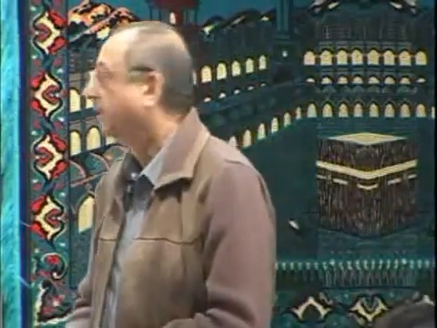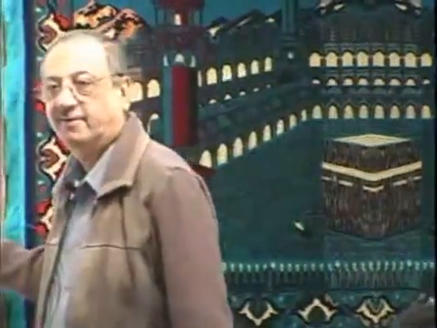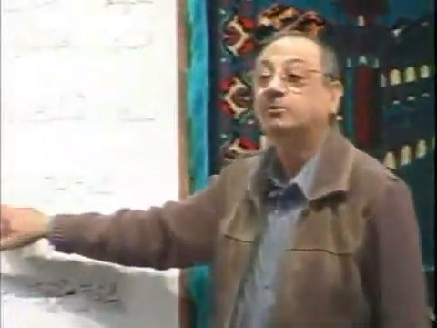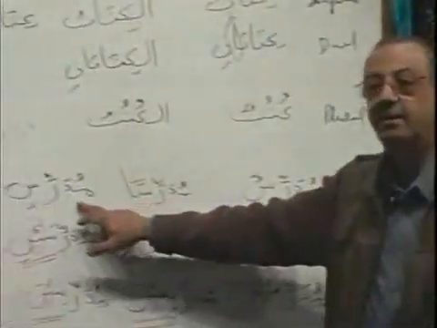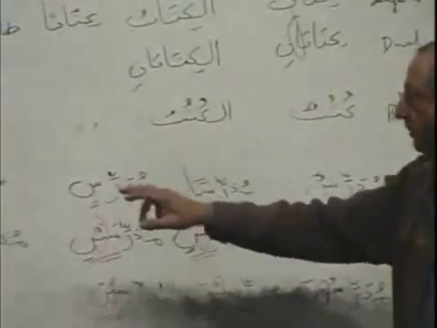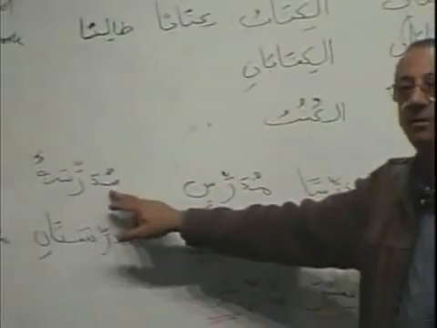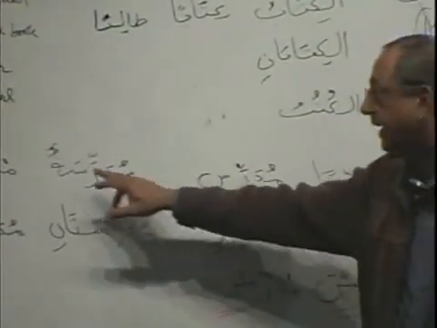Okay. Now, what is the next noun there, brother and sister? Muslimun. If you have Muslimun here, what will become here? Musliman. And here? Muslimin. Then Muslimatun, Muslimatan, and then Muslimatin. Now make Muslim into dual.